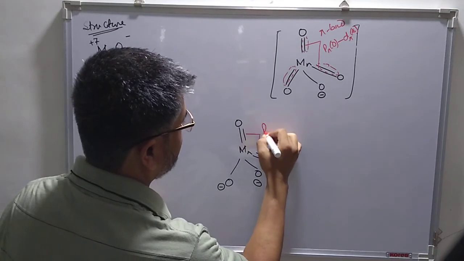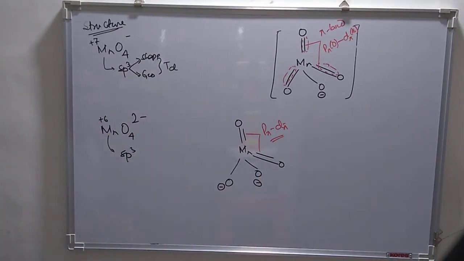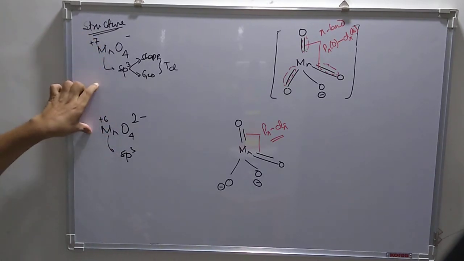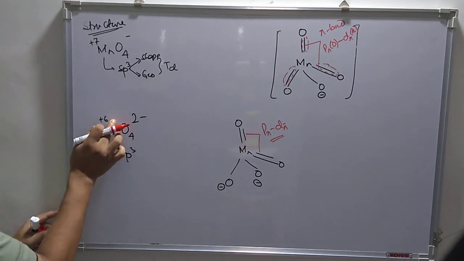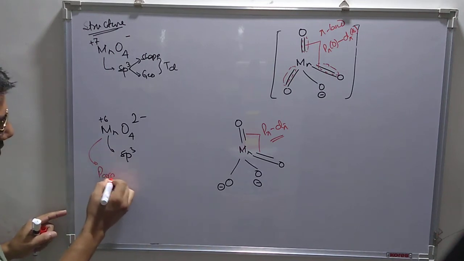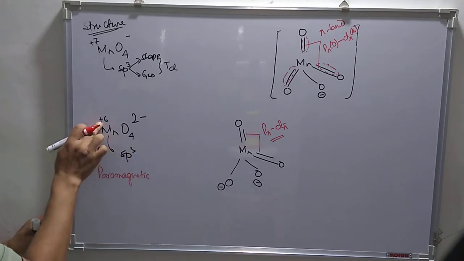This is again p by d. If you look at this, Mn plus 6 contains 1 unpaired electron, so this is paramagnetic due to the presence of 1 unpaired electron.